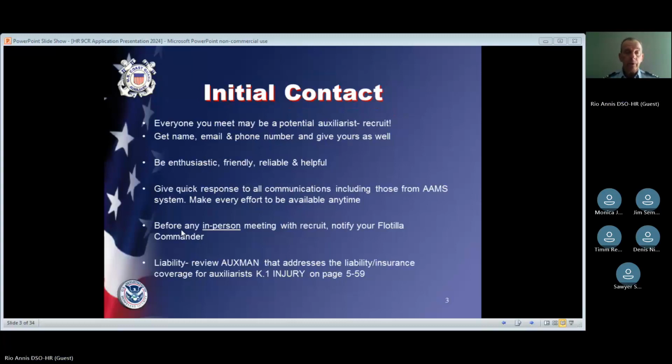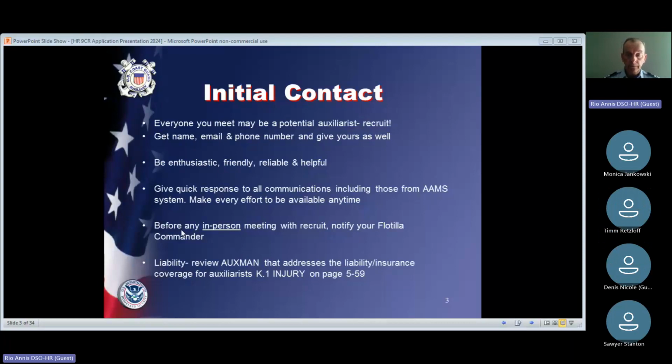The reason is we are covered by the same insurance as active duty while we are on auxiliary business. So, say you had a car accident and were injured, you'd be covered. But the main point is you have to have notified your flotilla commander so they knew you were actually on Coast Guard Auxiliary business.